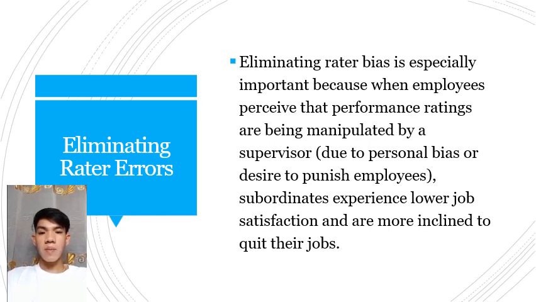So, eliminating rater error is essential because it decreases job satisfaction and raises the possibility that workers would quit their jobs when they suspect their superiors of faking their performance review.